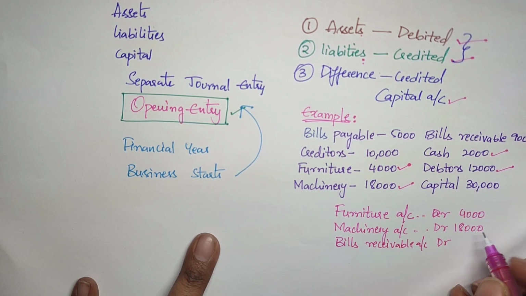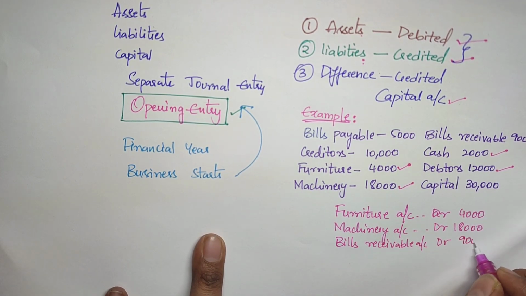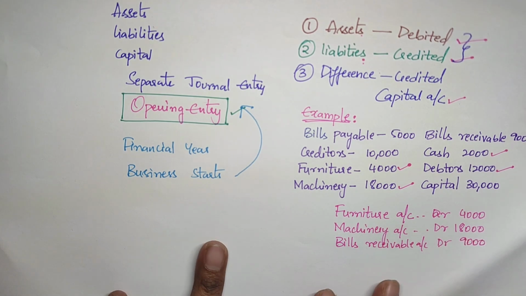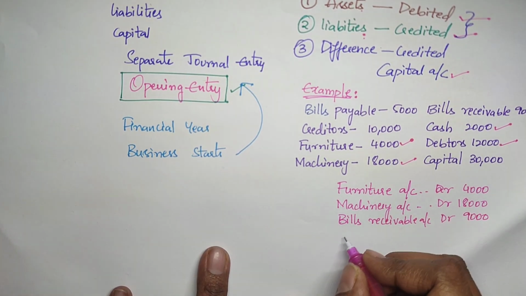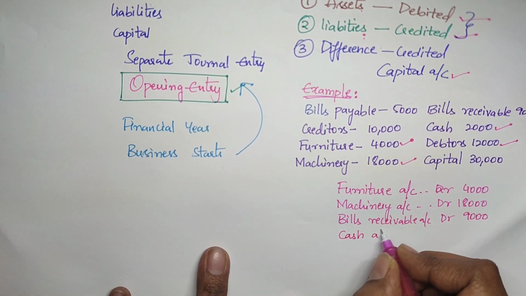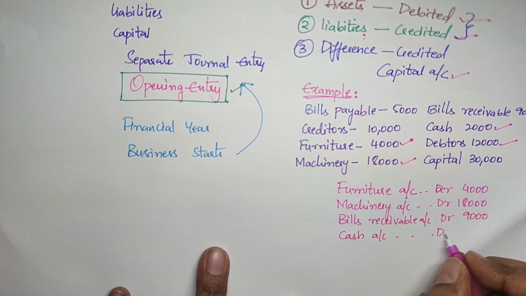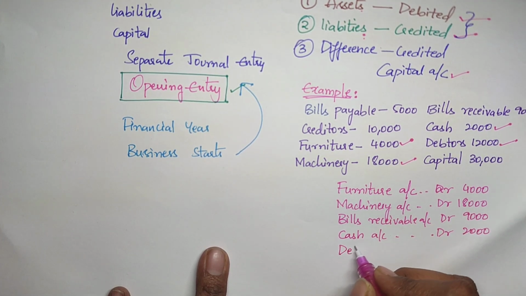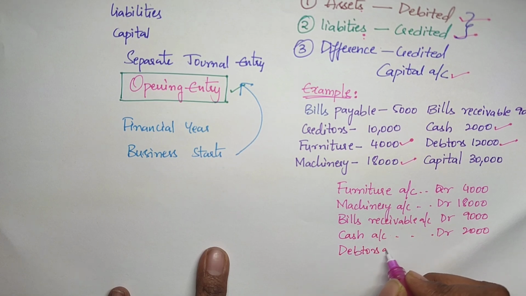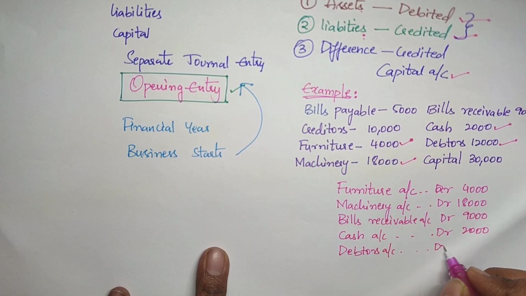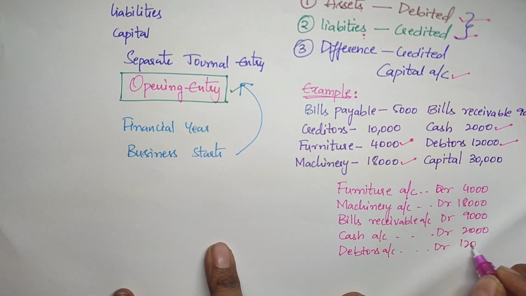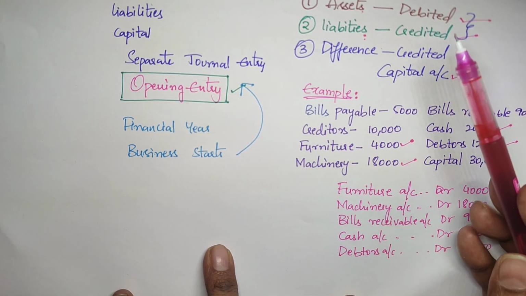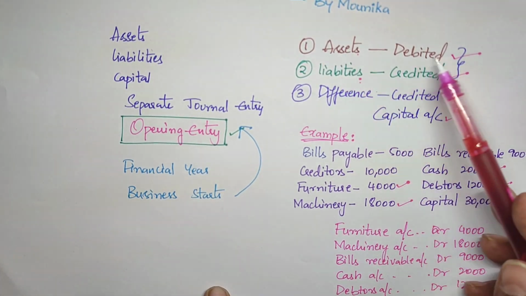Bills receivable account debit 9,000. Cash account debit 2,000, debtors account debit 12,000. So first, as per the rule, assets should be debited.